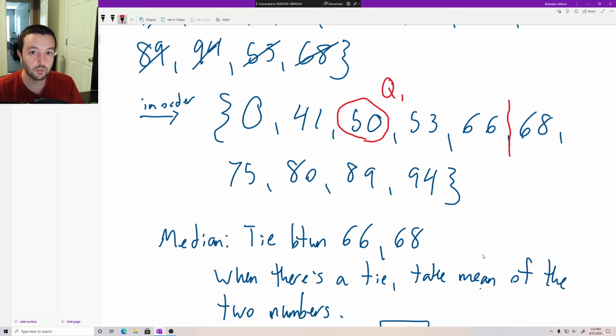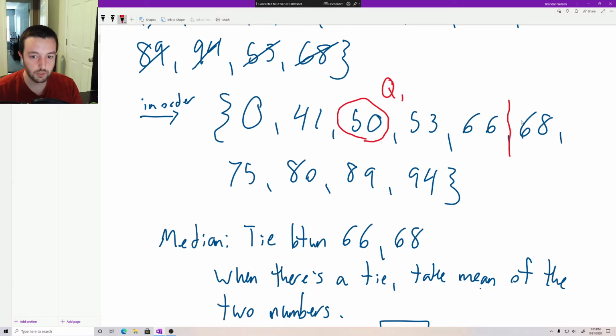Similarly, for the third quartile, we're going to take the second half and look for the exact middle of that data set. 75% is exactly halfway between 50 and 100. So this is 50. This is going to be 100, right? The very end of our data set will be 100.